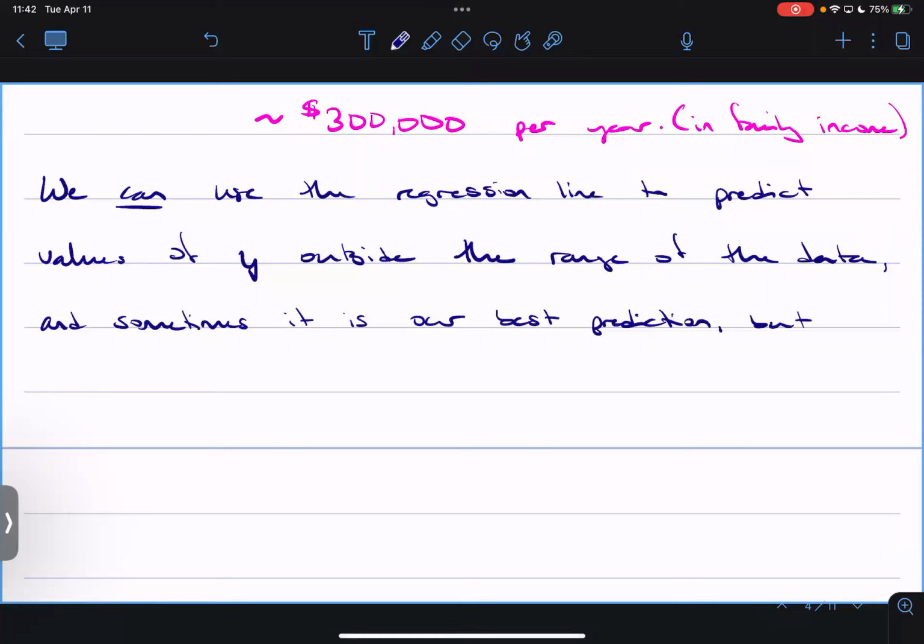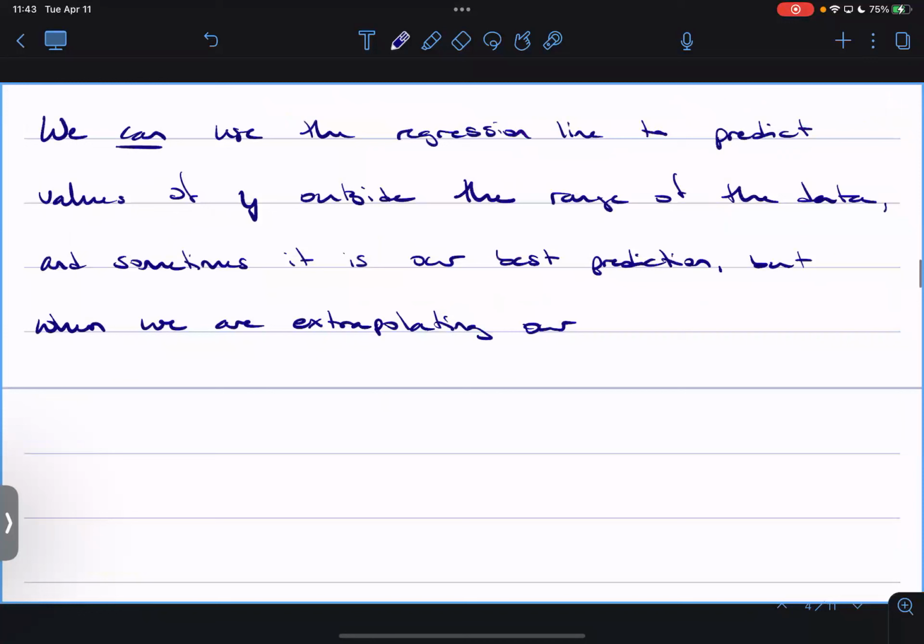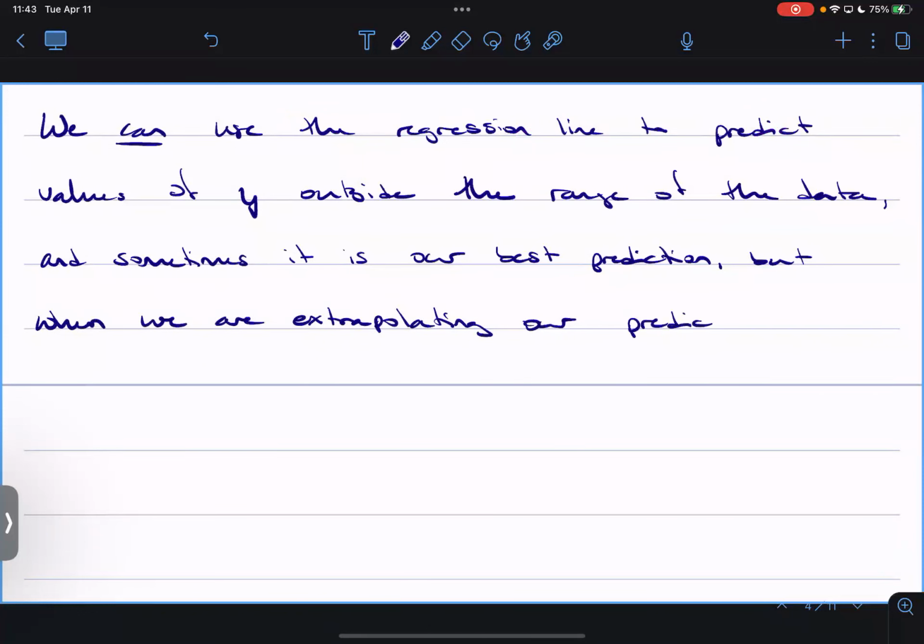But when we are extrapolating, our predictions are less reliable.